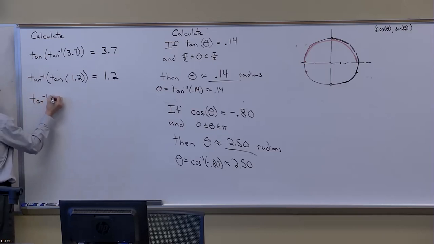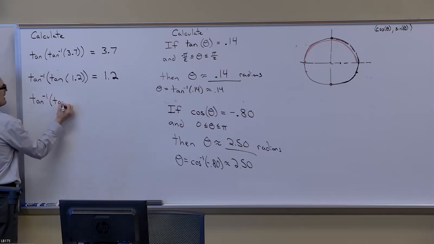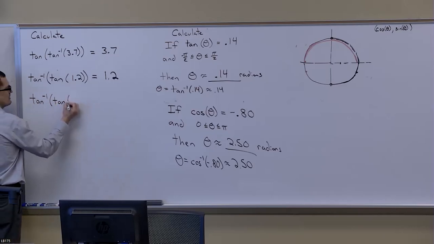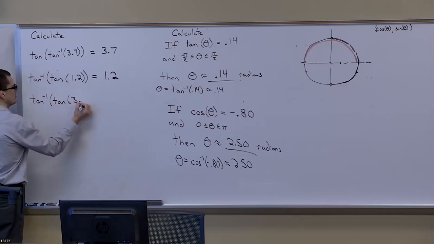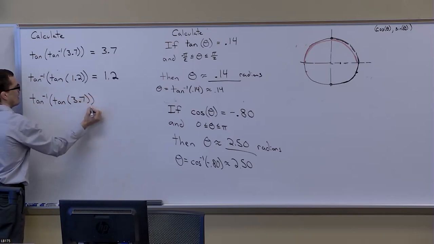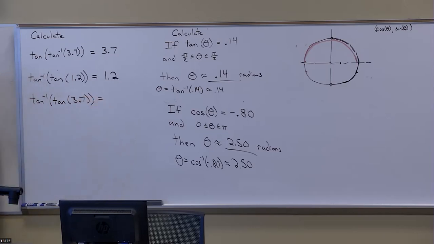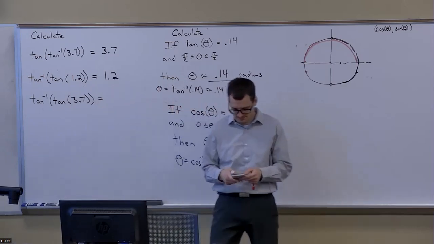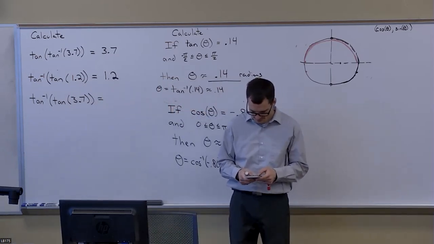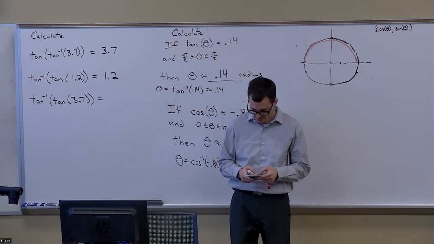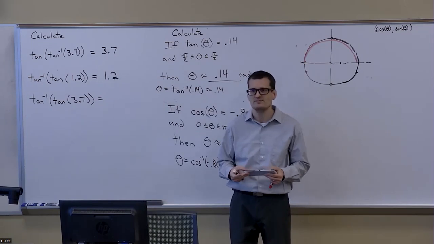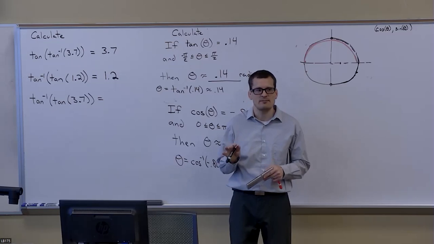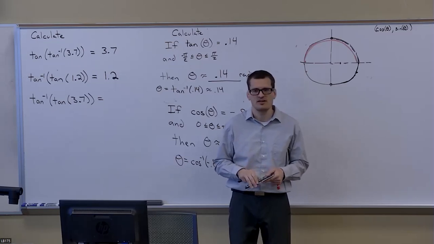Now here's the weird thing. I want you to type in inverse tangent of 3.7. You should have gotten about 0.56.